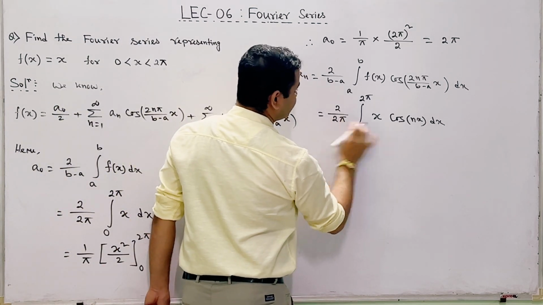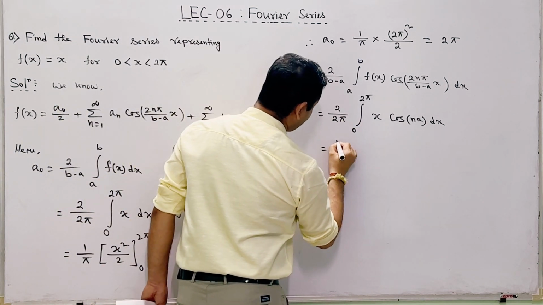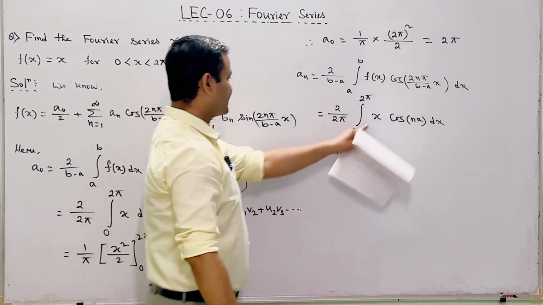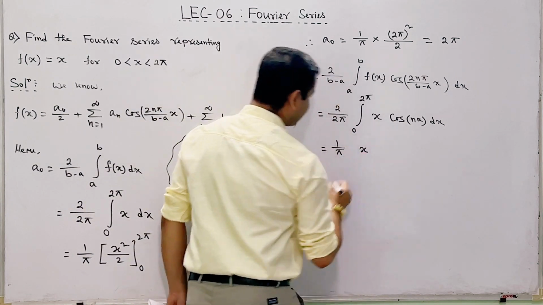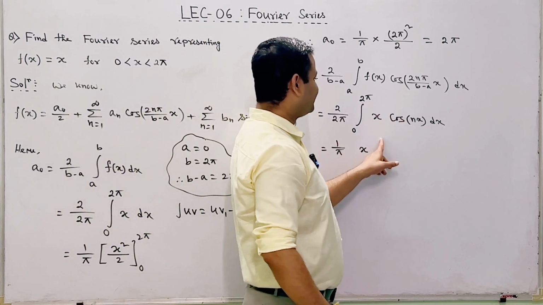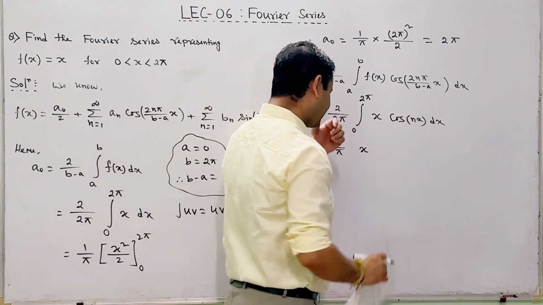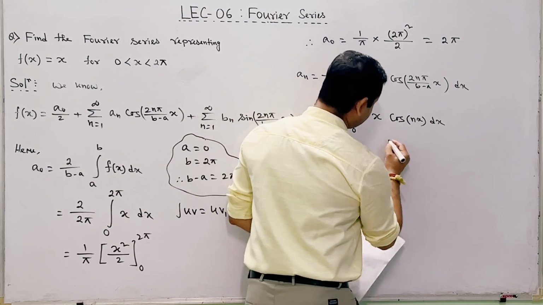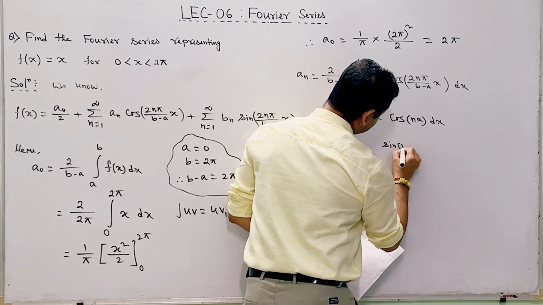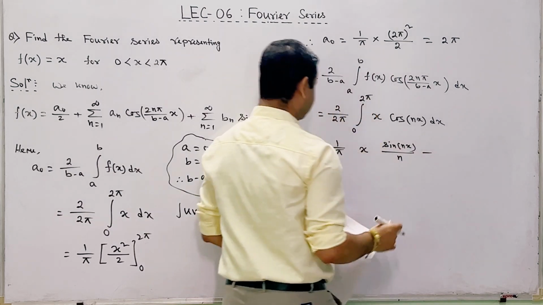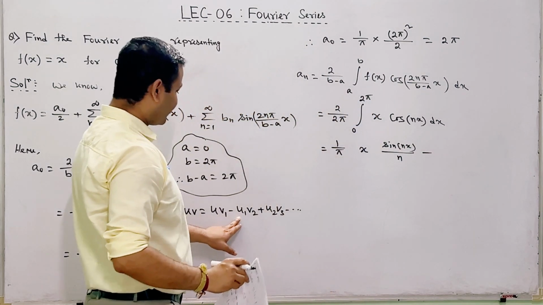So this part can be written as 1 by pi into u, means x, into v1. v1 means integration cos nx dx. So integration cos nx dx is equal to sin nx by n, minus u1.